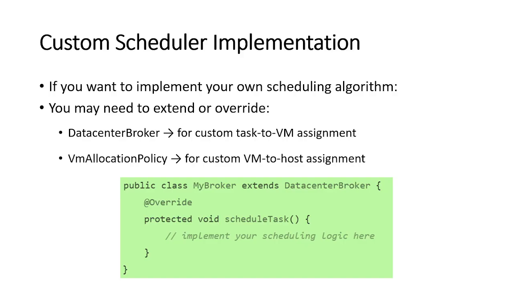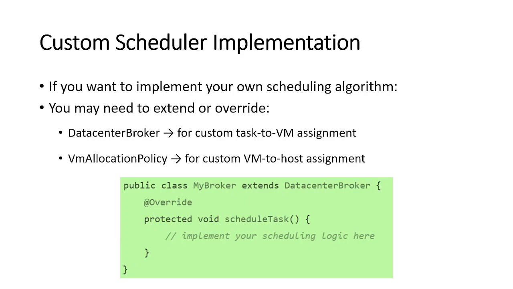When coming to the custom scheduler implementation, if you want to implement your own scheduler algorithm, you may need to extend or overwrite it. You can do this by making use of extends on that particular interface in your own class.